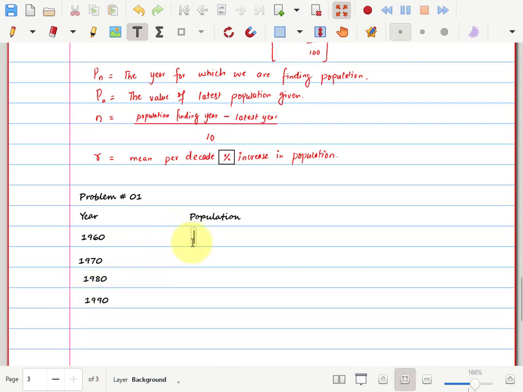And the population against each year is 10,000, 30,000, 65,000, and 100,000. So this is the data we are given.